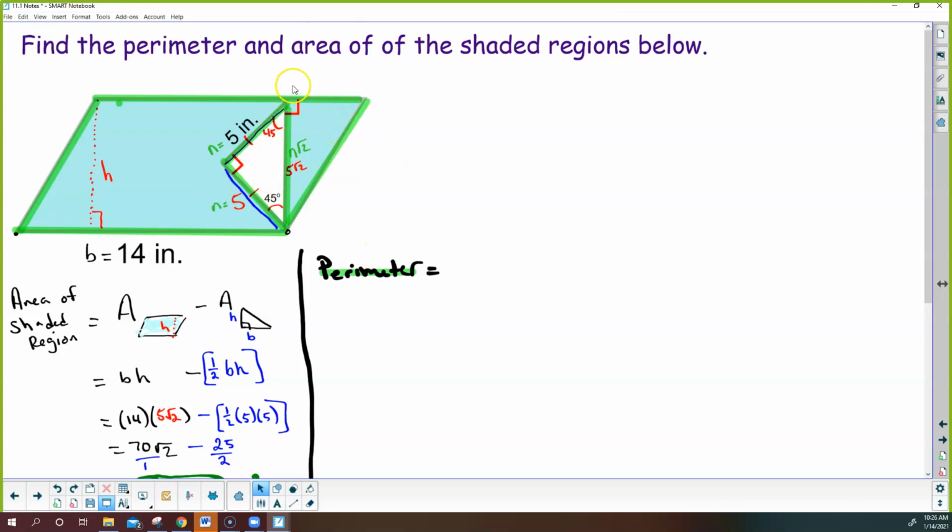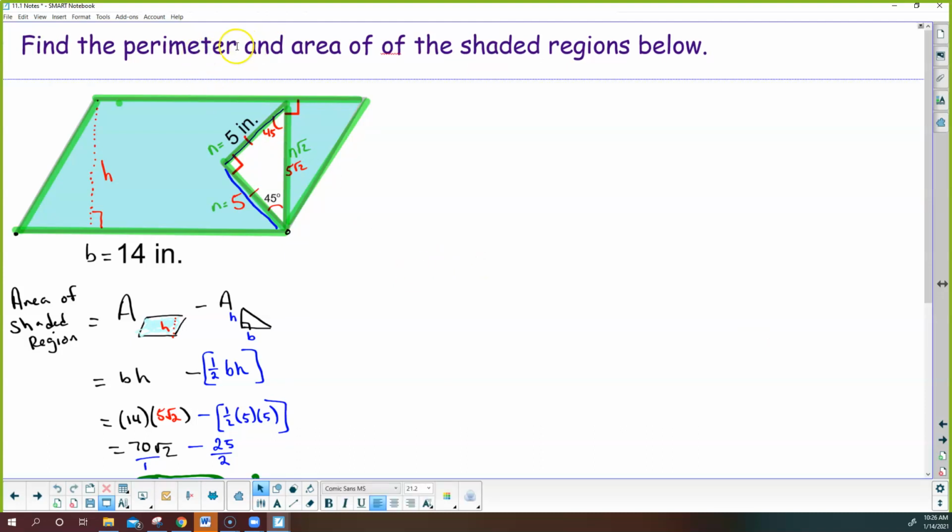I take that back because I don't know this length from here to here. And that's an error in my fault. So let's not do perimeter on this one, and we'll just have done area. This was not the best problem. We will do perimeter and area for the other one, though.